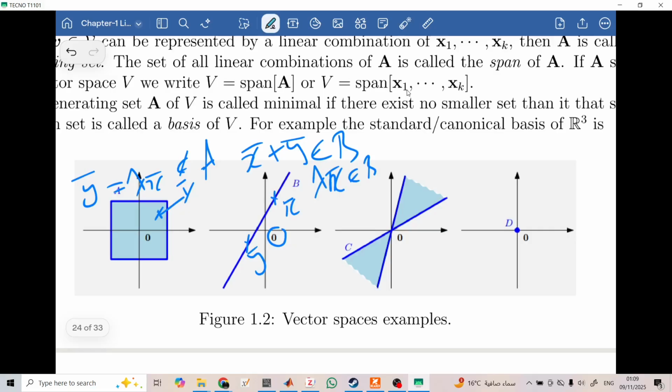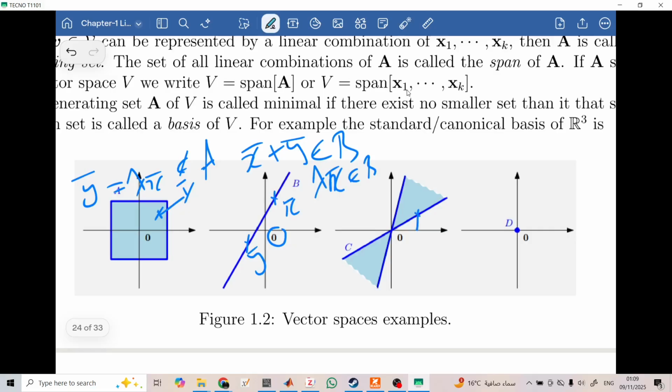If you look at this one, this is C. It contains the origin, so it's good now, but is it a subspace? No. Or even a vector space?